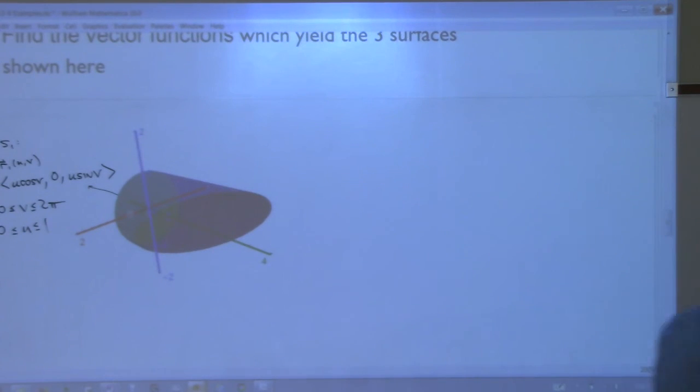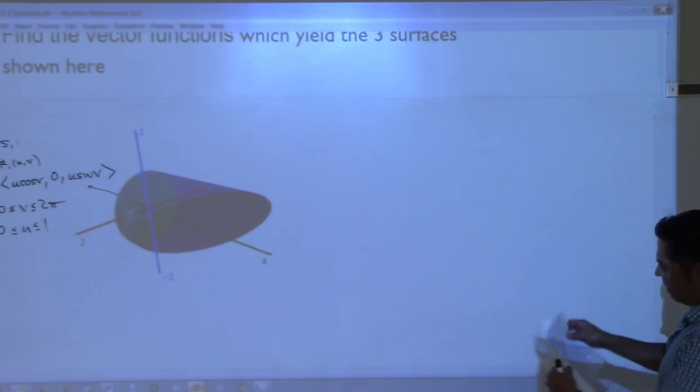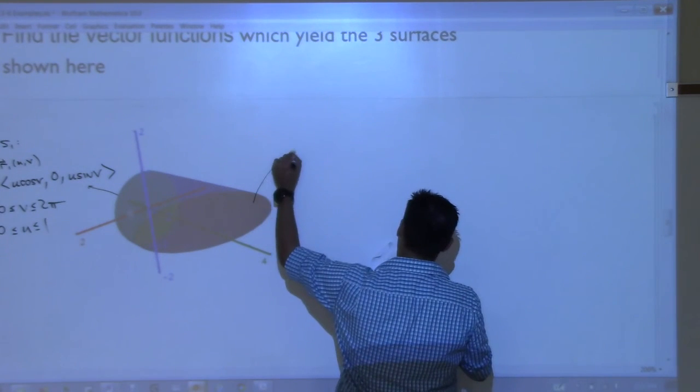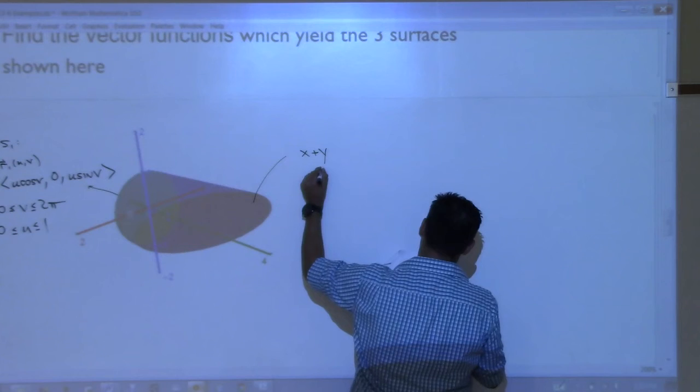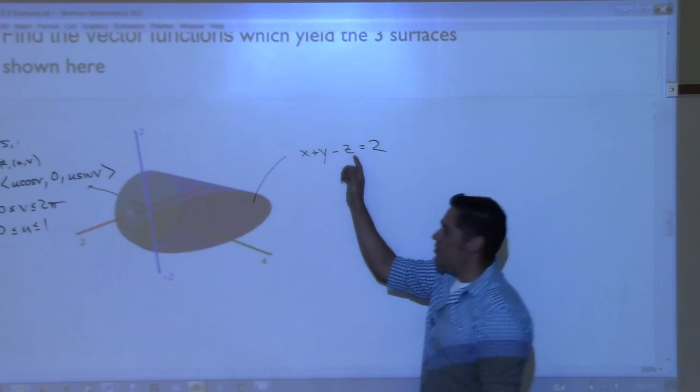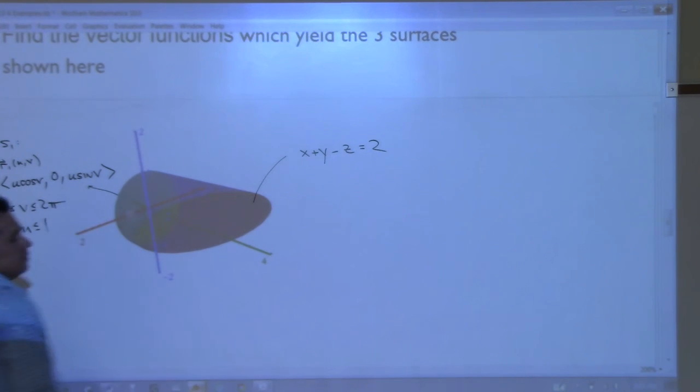Now, I gave you some additional information that's not up here. This right here is coming from x plus y minus z equals 2. That's a plane, right? So it's like a plane cut through my cylinder. All right, let's try and draw the blue cylinder right now.